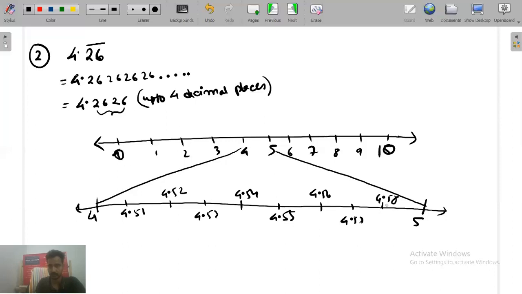Let me erase it. Then 4.59, then it will be 5.